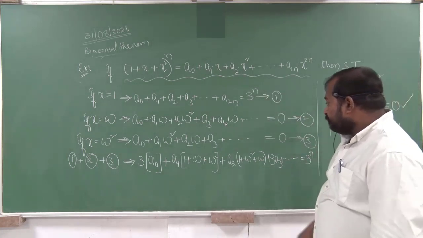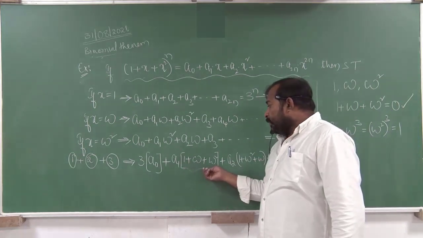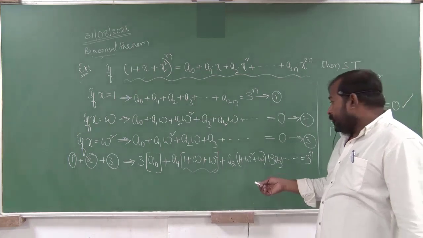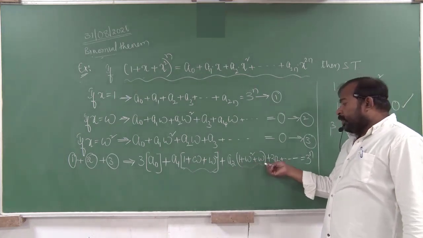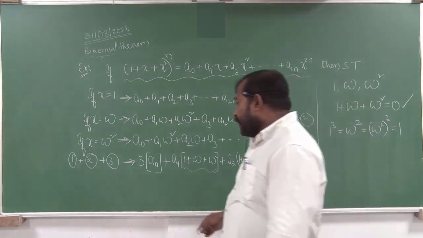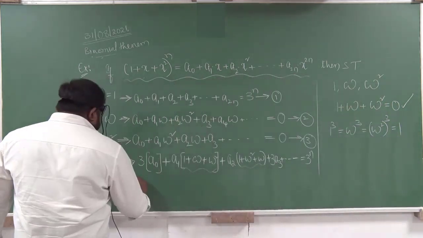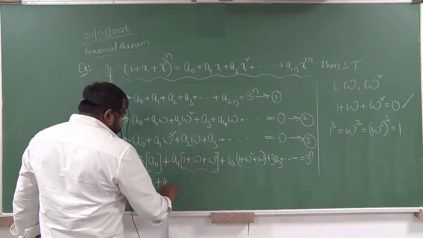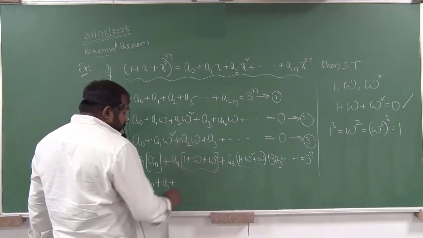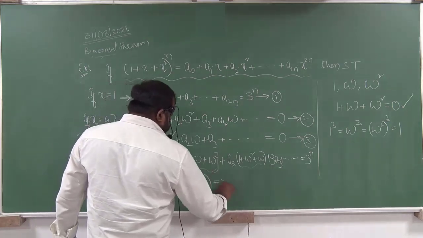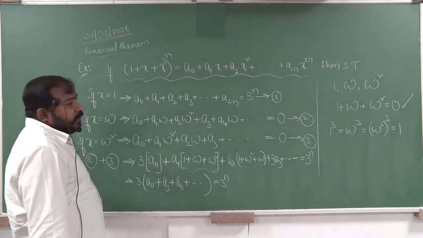Now listen here: 1 plus omega plus omega square value 0, since complex cube root of unity, that value also 0. So this side I can get the value 3 times of a naught plus a3 plus, guess what is the next term, a6 plus so on is equal to 3 power n is the value.